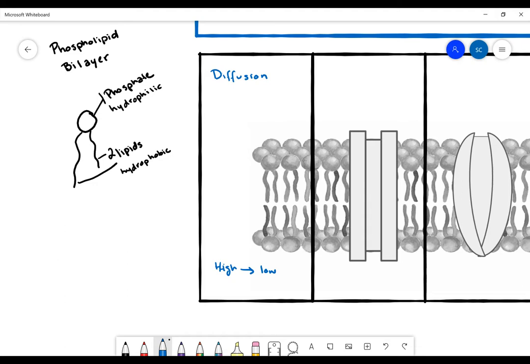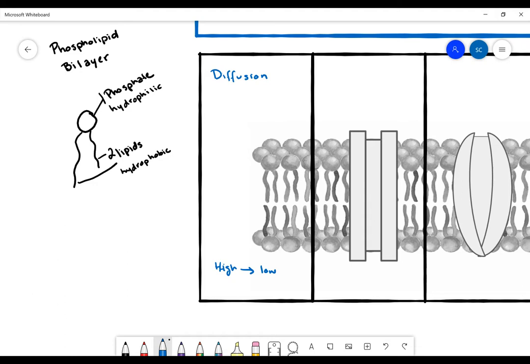If you put that tea bag into a hot cup of water, the tea is going to move from where there's a high concentration of tea to a low concentration of tea until the entire cup is filled with that tea beverage.